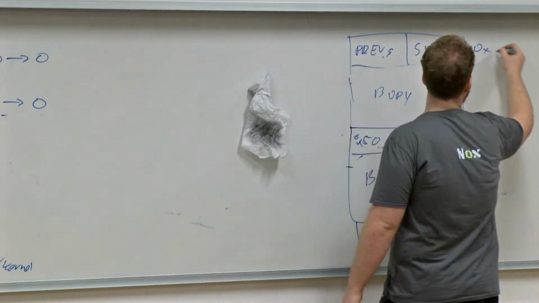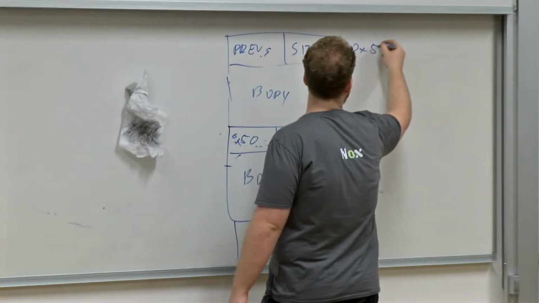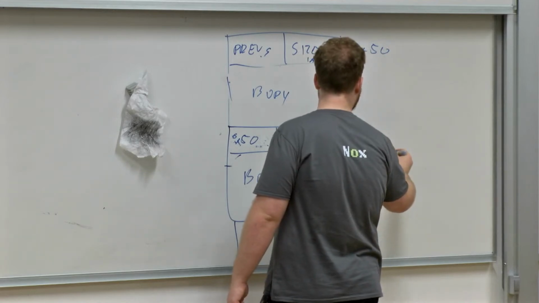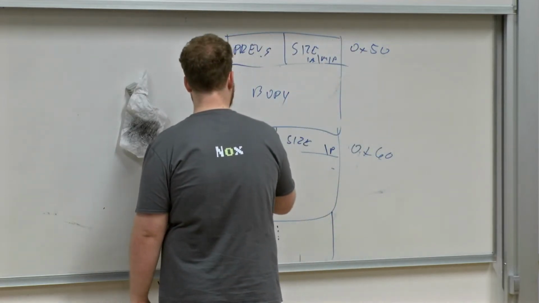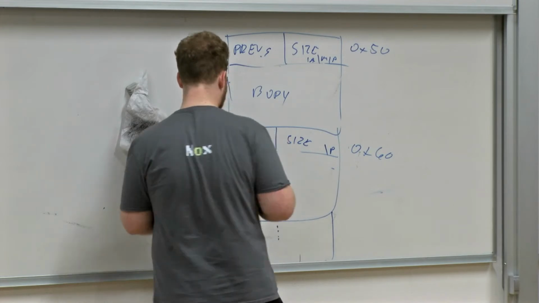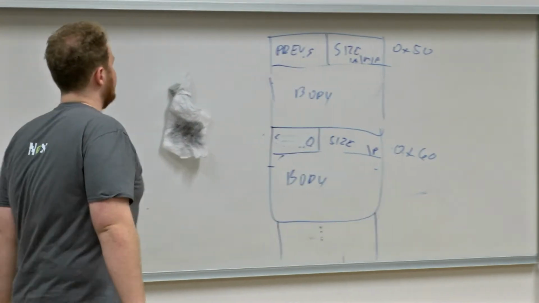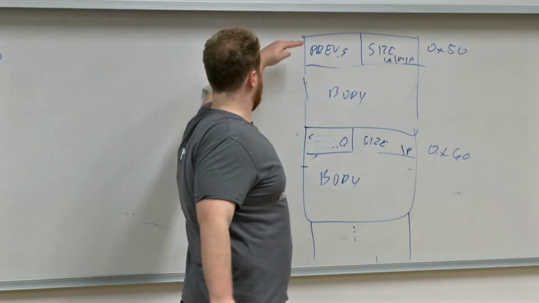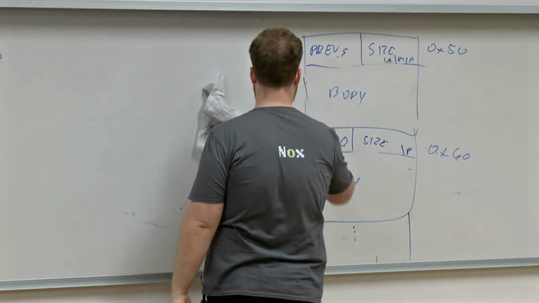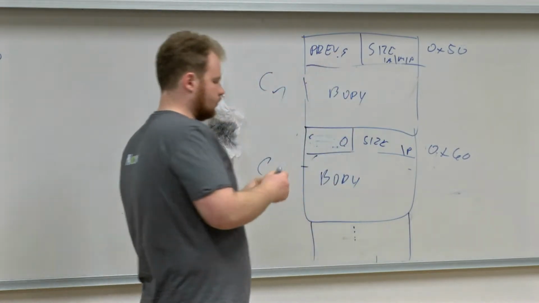This one will be, let's say 50. And this one will be 60. Let's say that you were to overflow from chunk C1 into chunk C2.